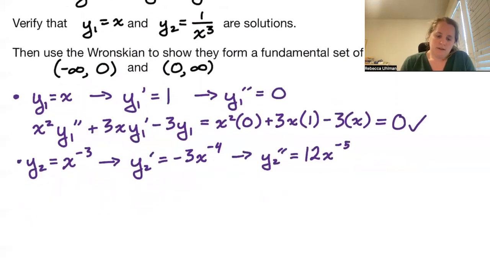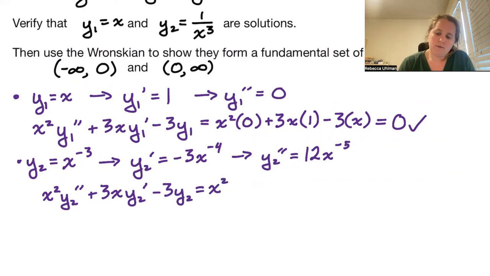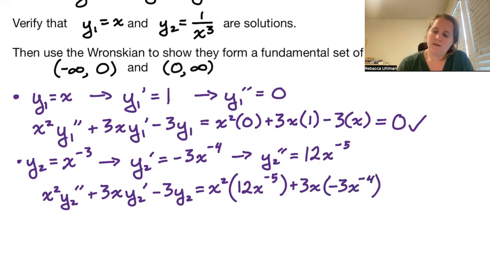Plugging this in, we have x squared times y2 double prime plus 3x times y2 prime minus 3y2 equal to x squared times 12x to the negative 5th plus 3x times negative 3x to the negative 4th minus 3 times x to the negative 3.